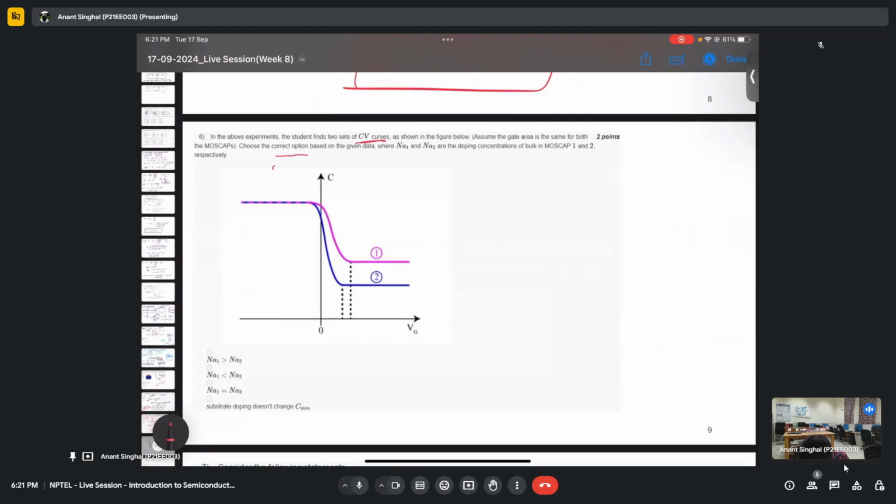They are saying choose the correct option where Na1 and Na2 are the doping concentrations. So Na1 is greater, lesser or equal? Can anyone tell? This is again a very good question.